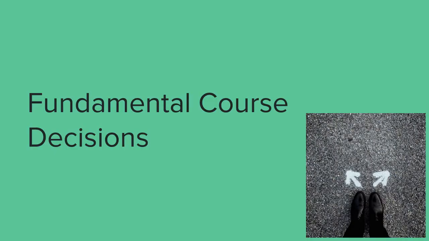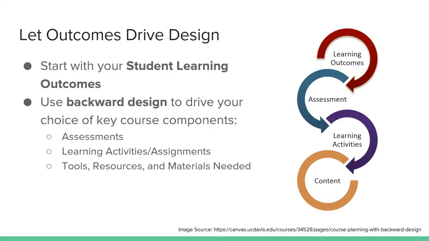Now that we've got our basic assumptions, let's go into our fundamental course decisions. Your student learning outcomes should always drive every design choice you make. So you want to start with those student learning outcomes and then use backward design processes to choose other really key course components, such as assessments or how students will demonstrate their learning and demonstrate those outcomes.